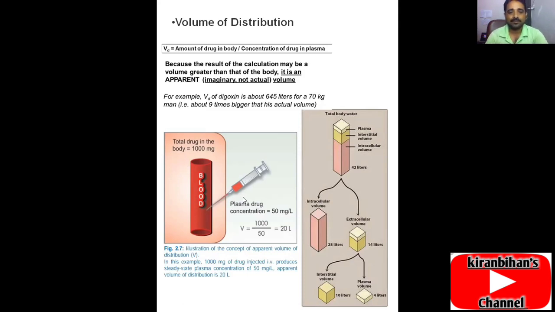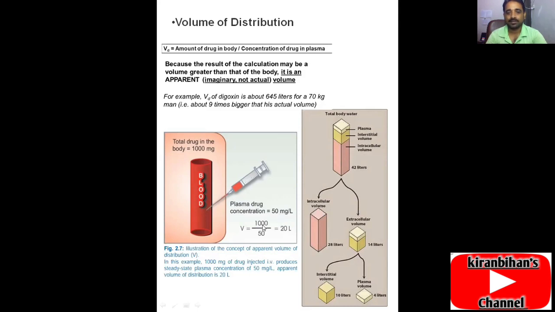So here in this figure, we can calculate the volume of distribution. If 1000 mg of drug is administered into the body, and the plasma concentration of the drug is 50 mg, after administration at time zero or some certain time, say after half an hour, we can determine the plasma concentration through different analytical techniques like HPLC, and that becomes 50 mg.